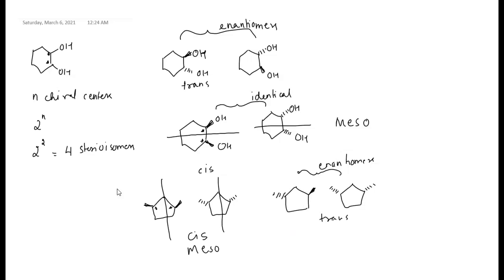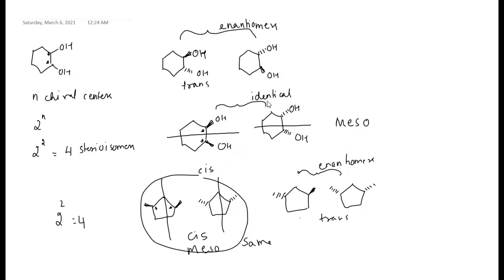So ideally, this molecule, which has 2 chiral centers, we expect it to have 4 stereoisomers. However, it only has 3 because these both are actually the same compound. So we have 1, 2, and then a third compound which has a plane of symmetry as well as chiral centers in it. So this is what a meso structure is.